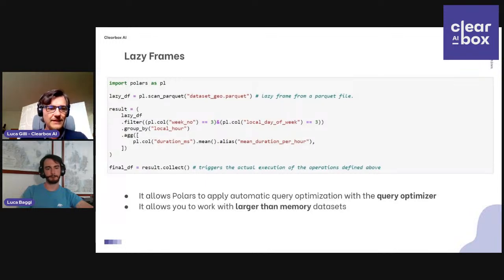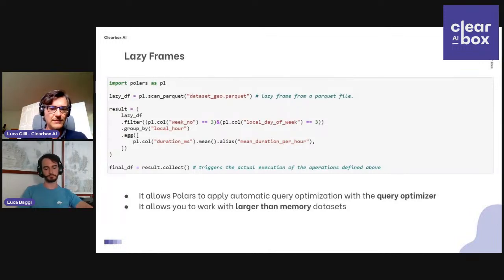And the great thing about this kind of syntax is that under the hood, in its engine, Polars decides the most efficient way to perform these operations. For example, in this snippet, I'm scanning a Parquet file, creating this lazy frame, and telling it to filter only columns associated to a certain week number and a certain day of the week.